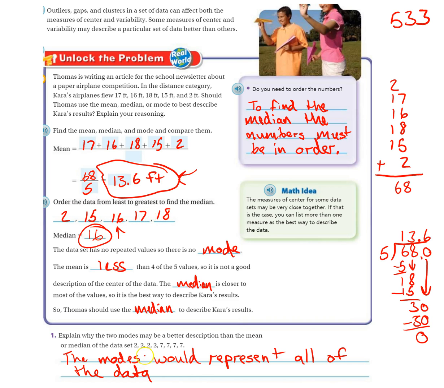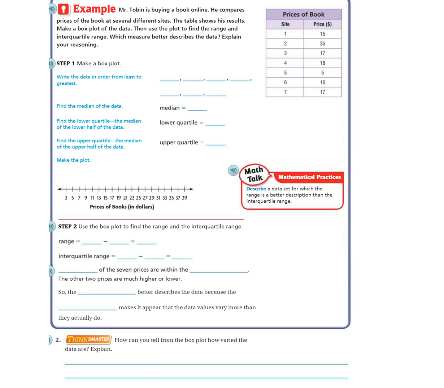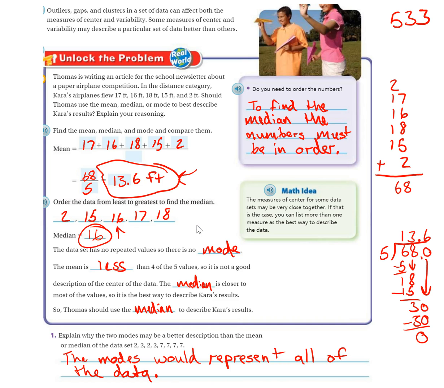In this case, the mean and median would be skewed, and the mode, though, would represent all of the data. There would be 2 modes, 2 and 7, which are all the numbers. So it represents all the data values. And that's what we want. We want to be as representative of what the actual data is as possible.